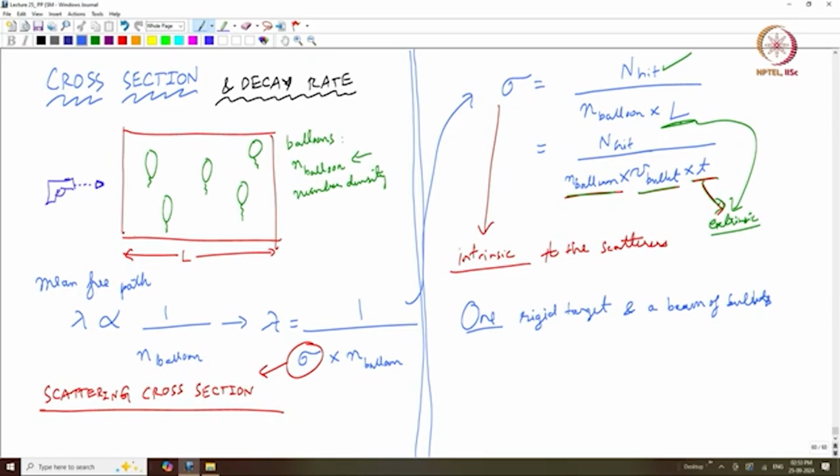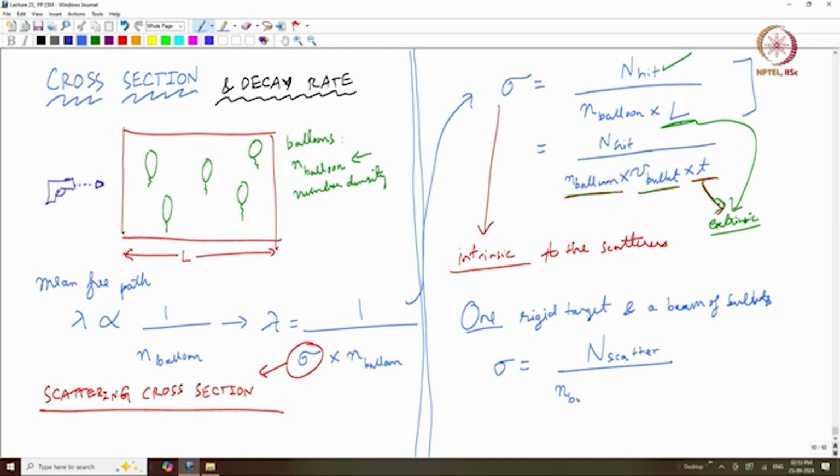Then I'm going to simply generalize this equation, or rather extend that equation to a different notion. Instead of hits, let's call it the number of scatters. And down here, instead of number density of balloons, now I'm going to think about the number density of the projectile itself. Sorry, I wrote balloon, I meant bullet actually.